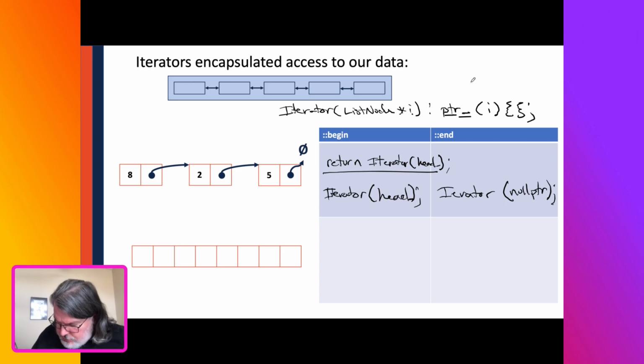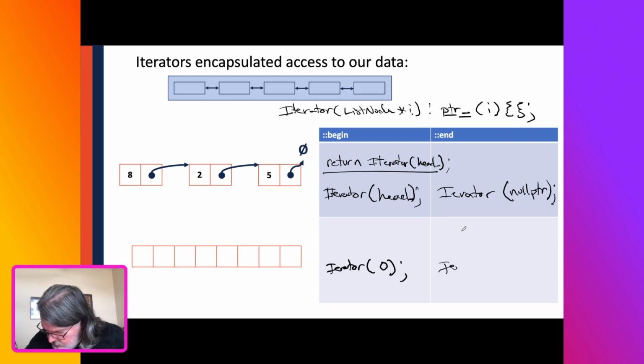So here we're going to have what? So here the iterator will be iterator 0, which seems good to me, right? And iterator size.